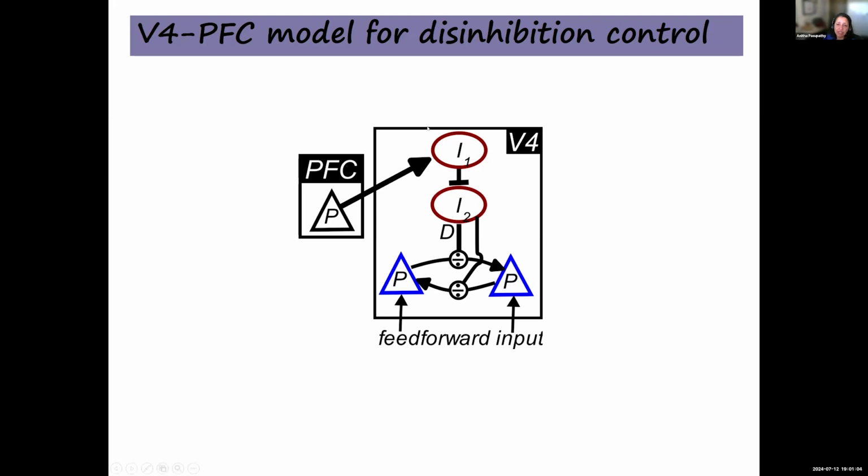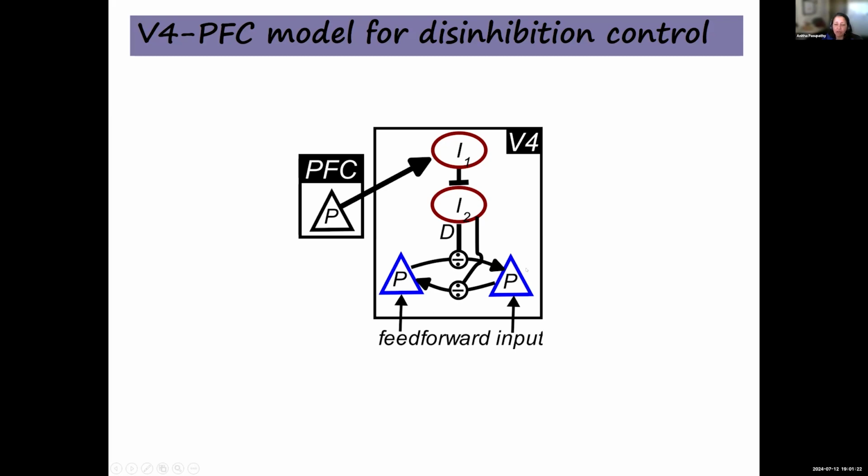So the idea comes from rodent studies where they've shown that the activity and excitatory feedback can go through a sequence of two inhibitory neurons to then disinhibit the circuit.